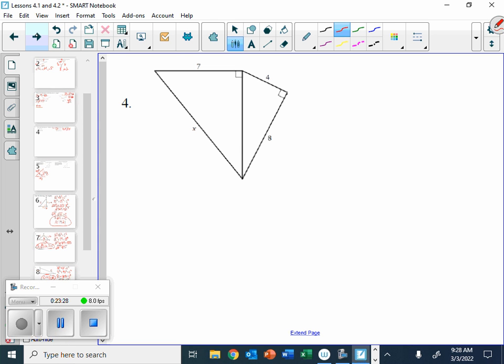Alright, so for this first problem, okay, I'm going to have to find the missing side lengths. Notice that with this triangle right here, I know two of the sides, I'm missing a third. Pythagorean theorem. And the question is, am I missing a leg or a hypotenuse for that shaded triangle?